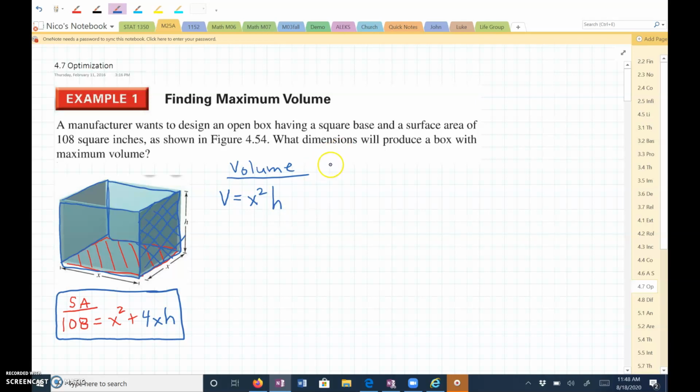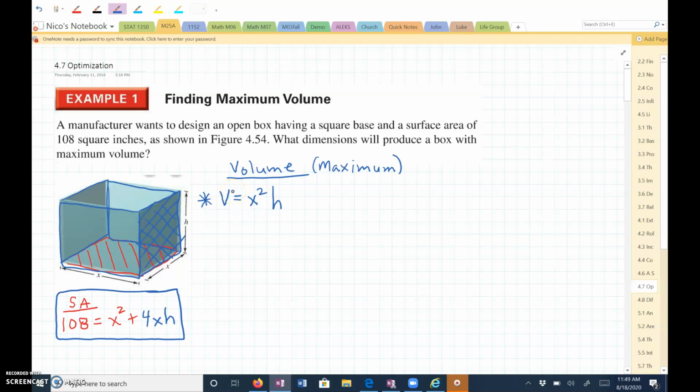This is what we want to maximize. Okay? So we want to take the derivative of this function.